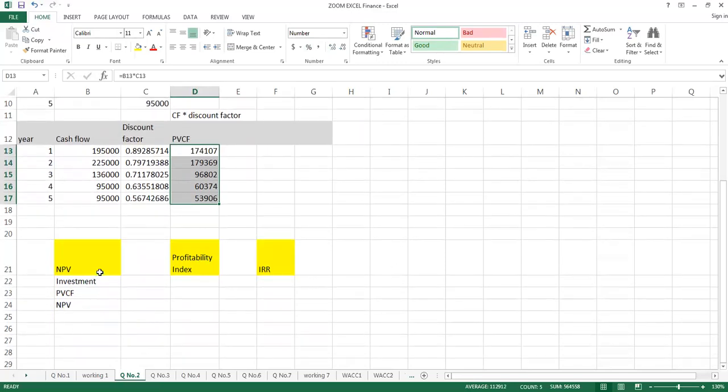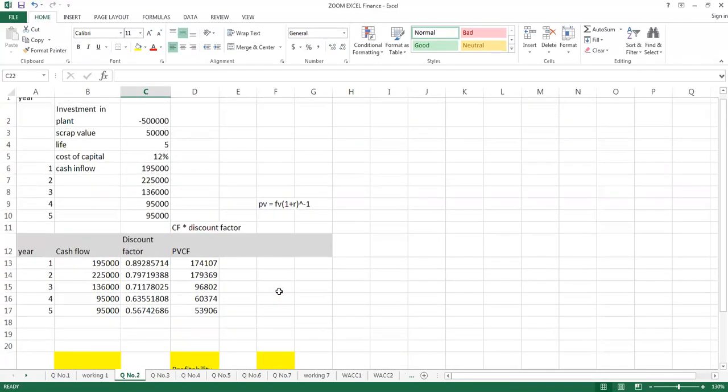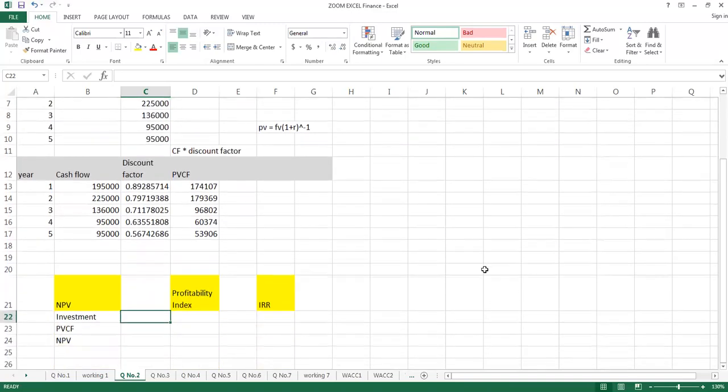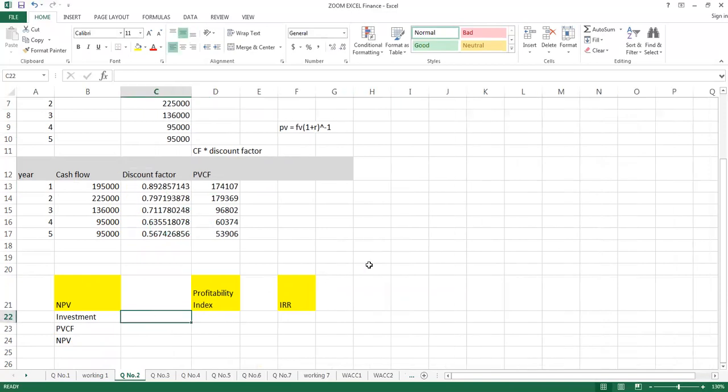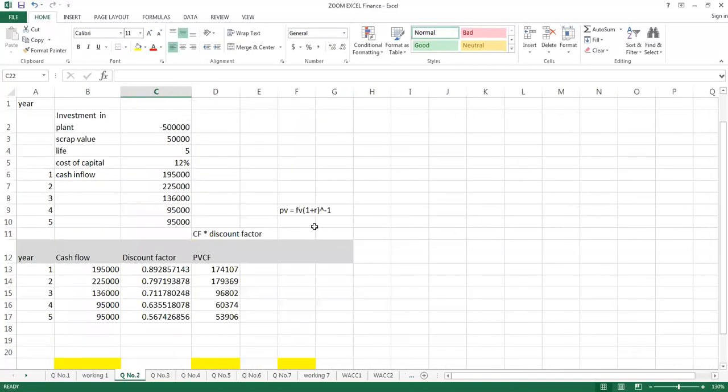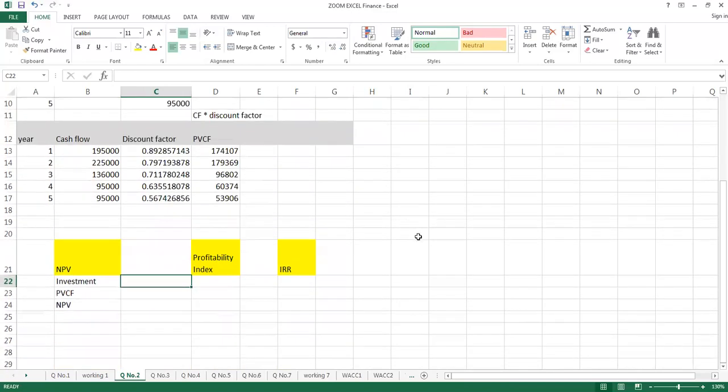Now coming to NPV. Student, to get NPV or net present value, we need investment. So investment is given here, so you can use the same information without any problem. So investment is 500,000.